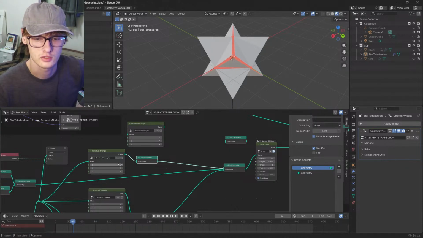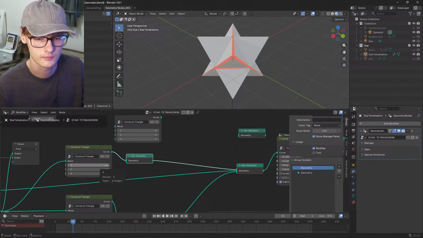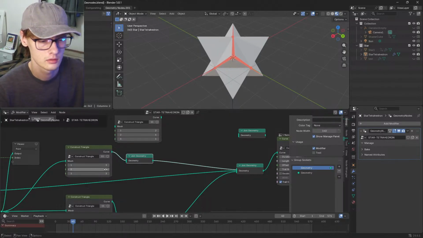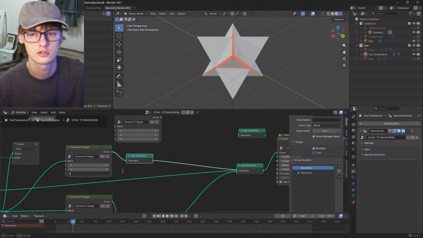Okay, let's shuffle these numbers, or shift them. 3, 5, and 0.